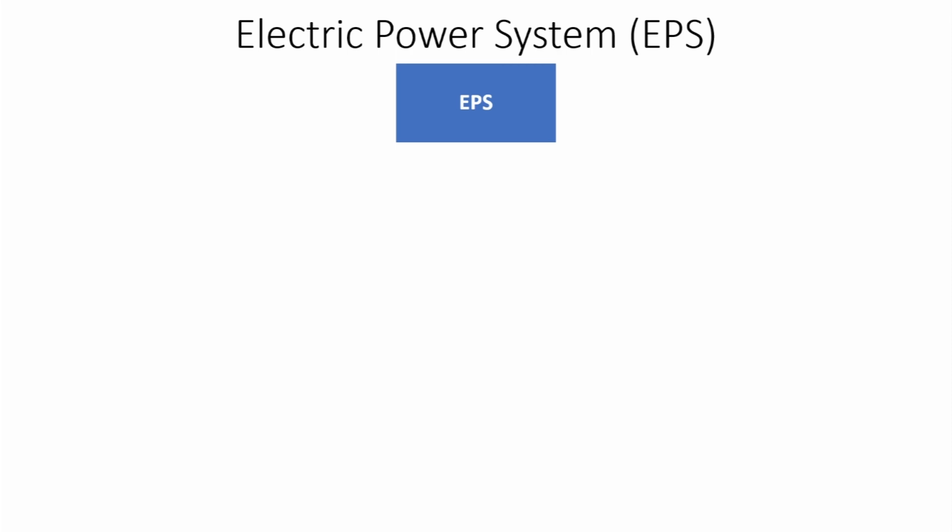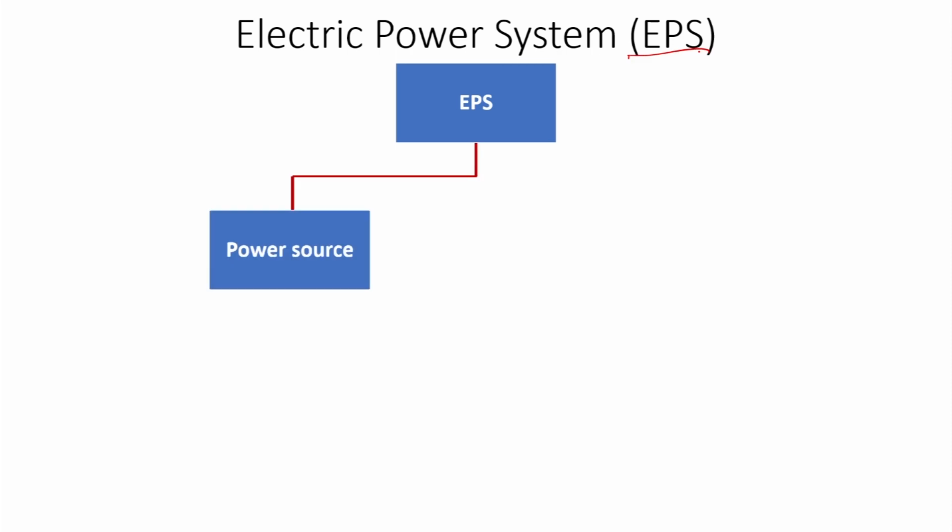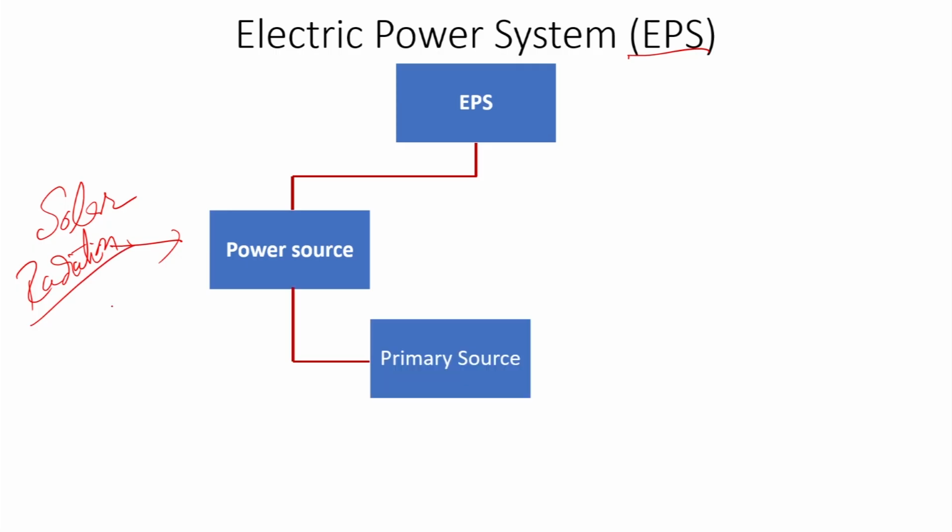So, an electric power system, that is the EPS, consists of the power source, and the power source is mainly the solar radiation, solar radiation in the visible range. So, this is the power source, and in fact, this is the primary source.